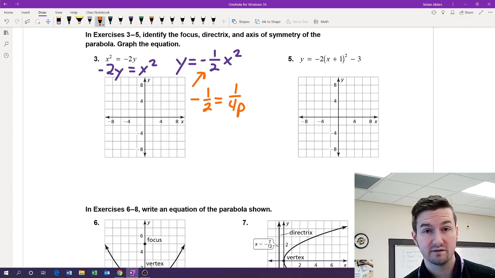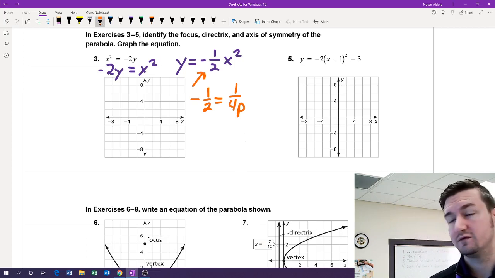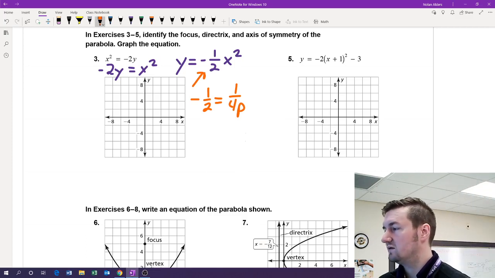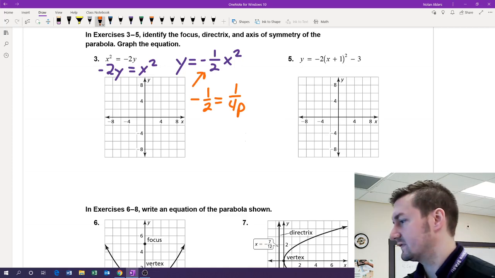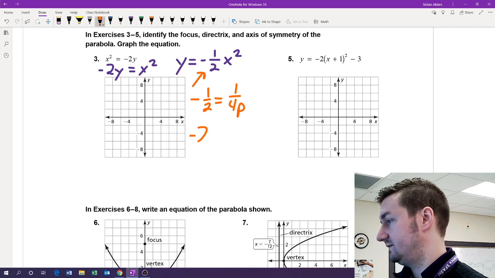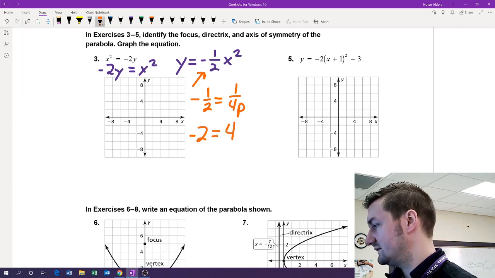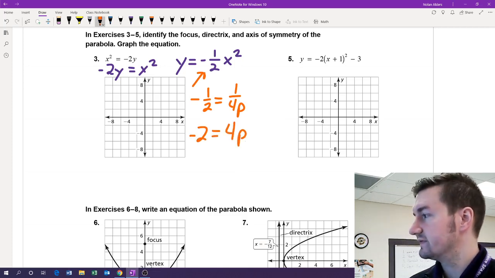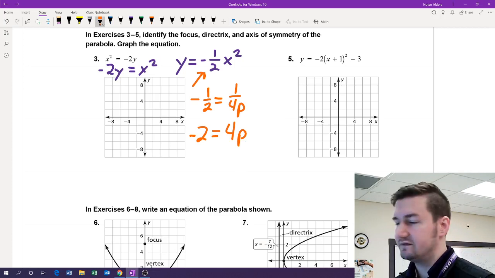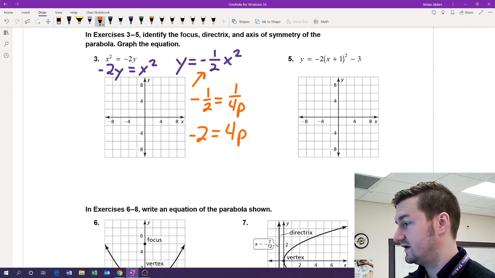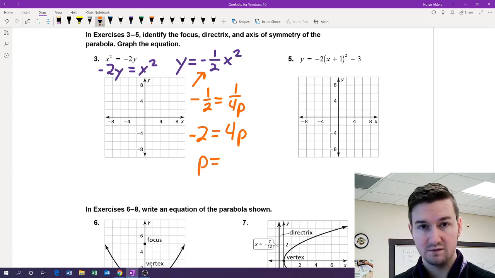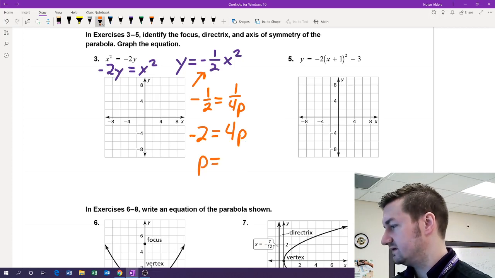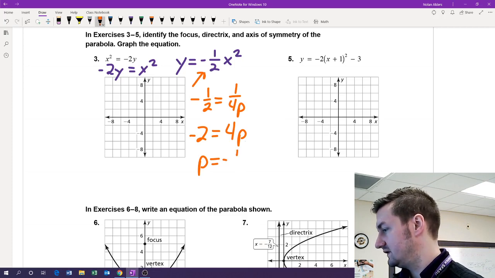And then we can solve for 4p. So one thing we could do here is invert both sides. So we can get -2 equals 4p. That's something we can do in algebra. All right, and then to get rid of that 4, we could divide by 4. So our p is just going to be -2 divided by 4, which comes out to be -1/2.